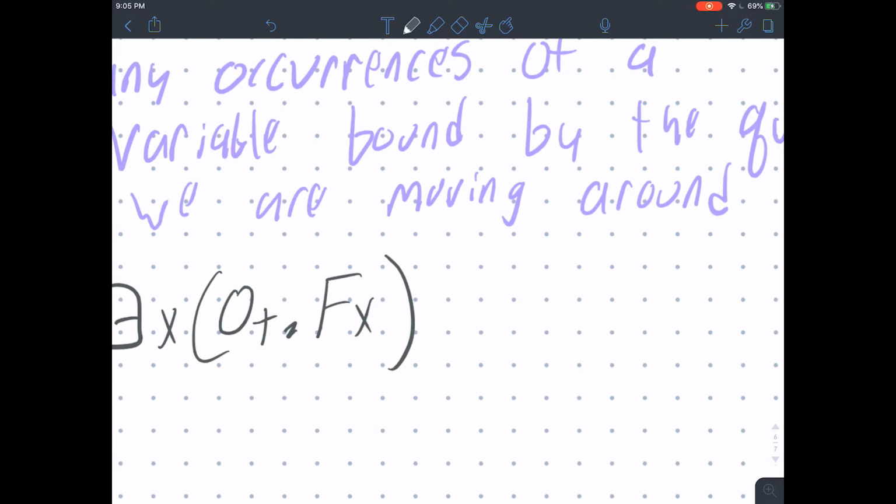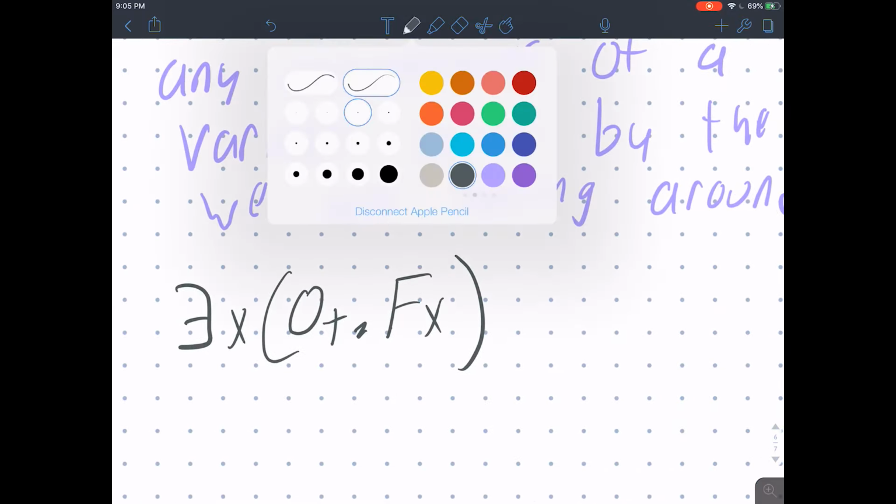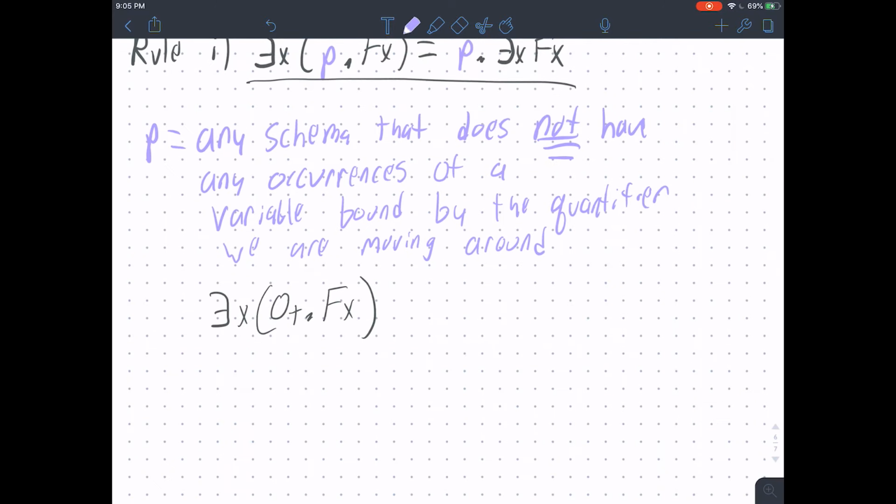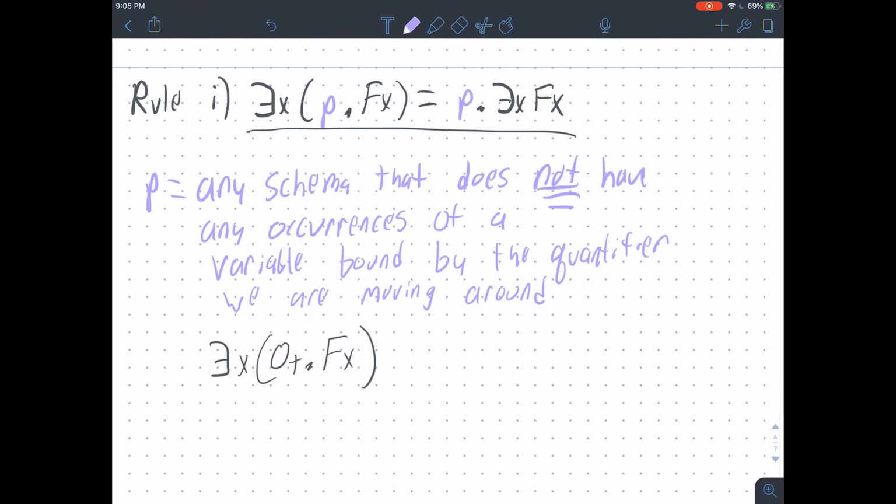Okay, so note that the quantifier that we're moving around binds x's, right? And this right here, this T is an O predicate compound, doesn't have any x's in it, right? So again, this is important. It's a little tricky, so pay attention and make sure you understand this.